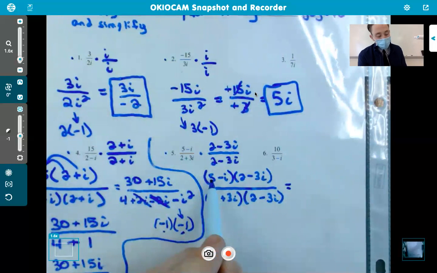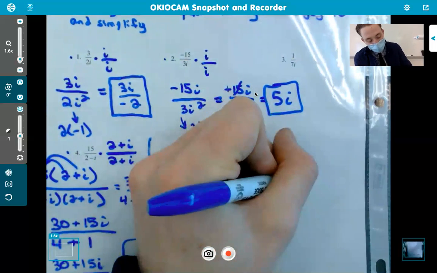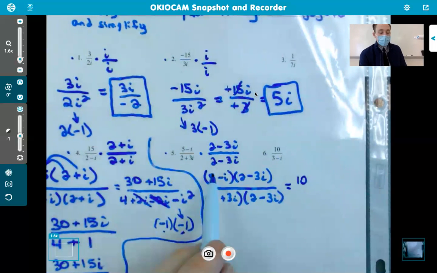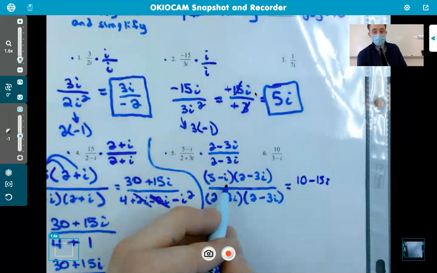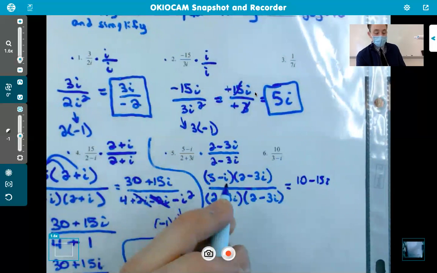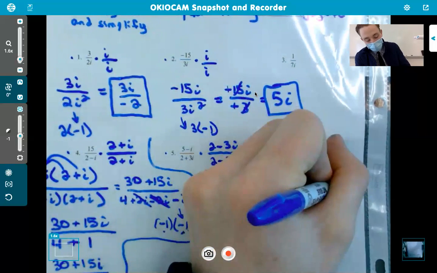When I FOIL in the numerator, I'll have 5 times 2, which gives me 10. 5 times negative 3i gives me what? When I do the outer terms in the numerator, so 5 times negative 3i, negative 15i. 2 times negative i gives me negative 2i.